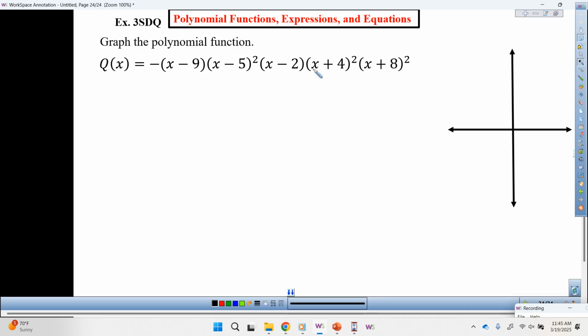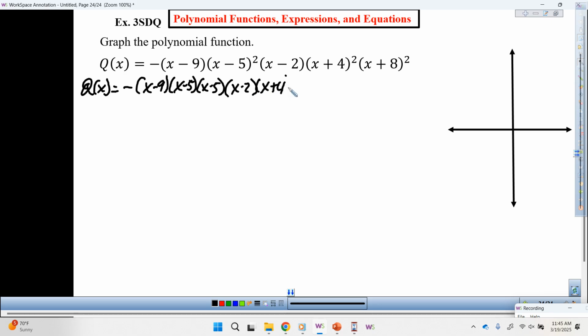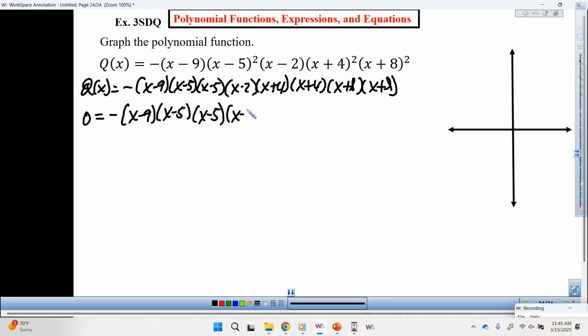Is it in factored form? Almost. So it would be Q of X equals negative X minus 9 times X minus 5 times X minus 5 times X minus 2 times X plus 4 times X plus 4 times X plus 8 times X plus 8. All right, 0 equals negative X minus 9 times X minus 5 times X minus 5 times X minus 2 times X plus 4 times X plus 4 times X plus 8 times X plus 8.